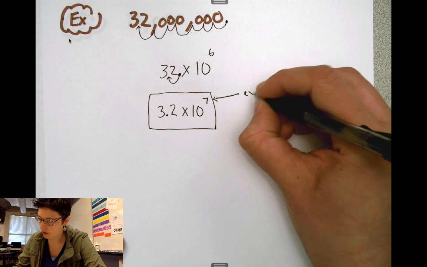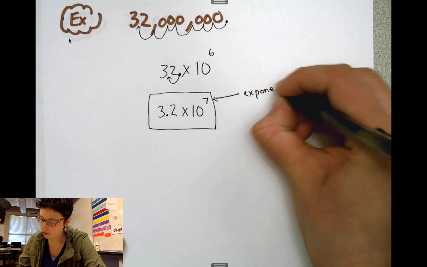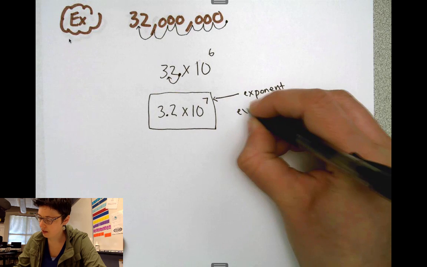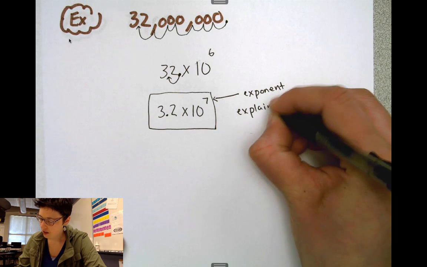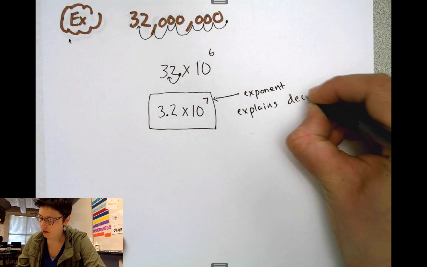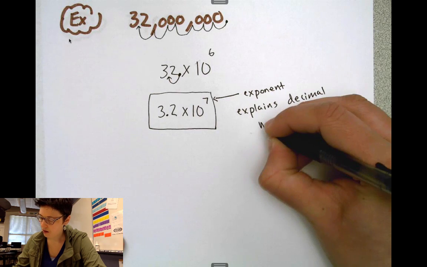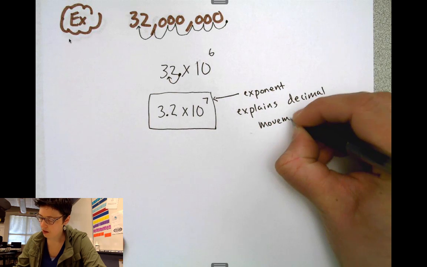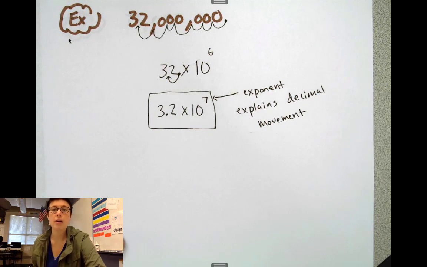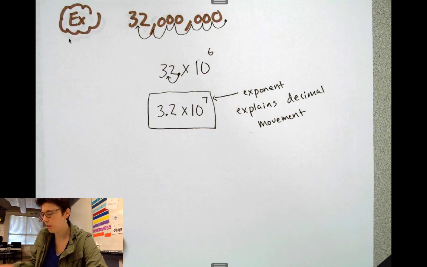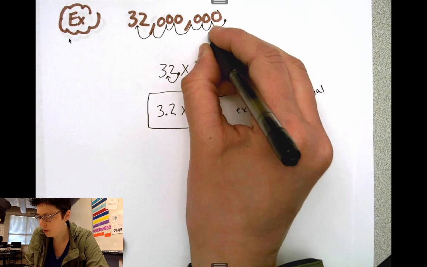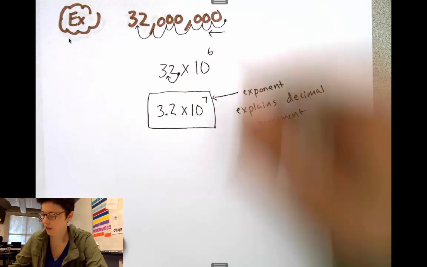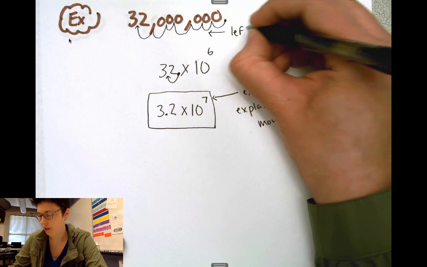So if I say I have 10 to the 7th power, I move the decimal 7 times, and it's very important to notice this, to the left, making the numbers simpler and easier to write.